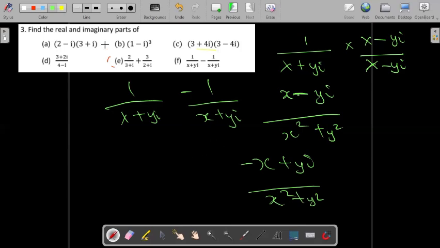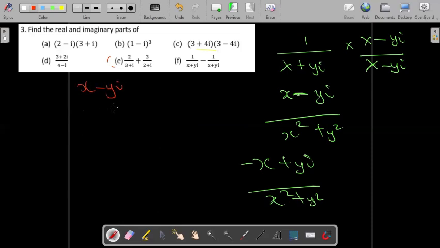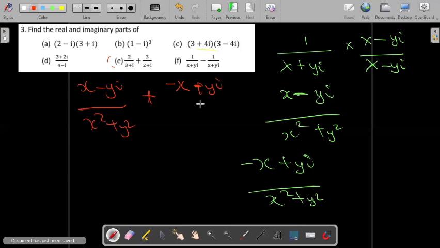So now I can bring these two together. I've already multiplied the negative, if you've observed. So bringing them together, the first part is x minus iy, then I have x squared plus y squared, plus negative x plus iy over x squared plus y squared.